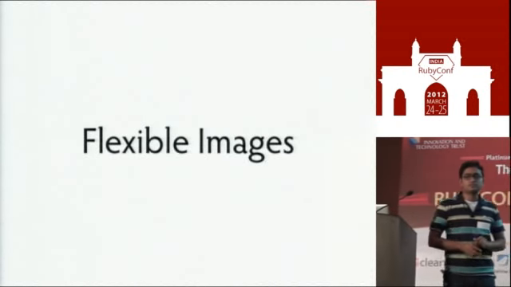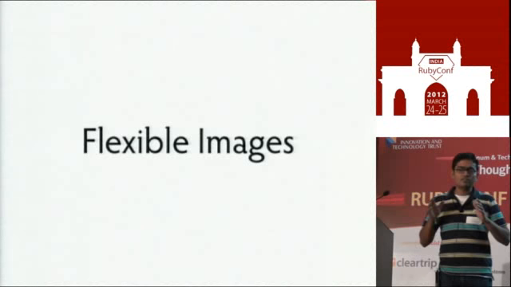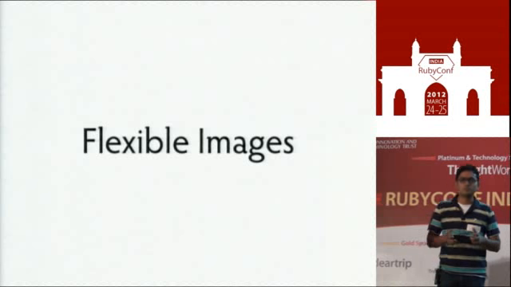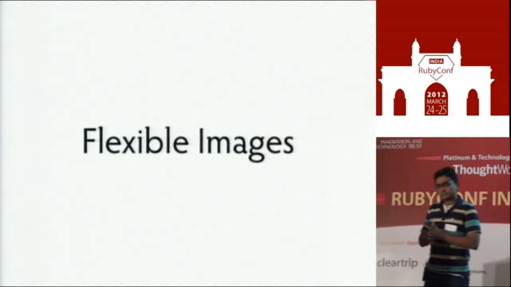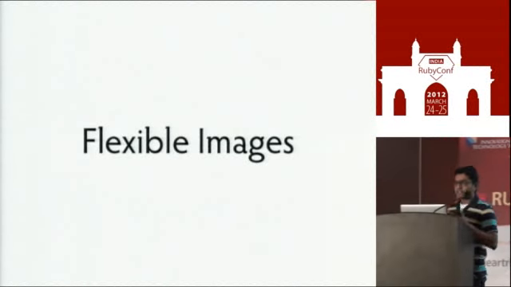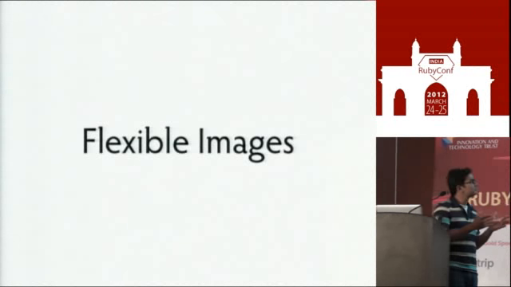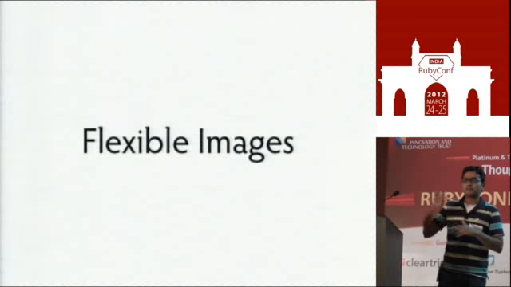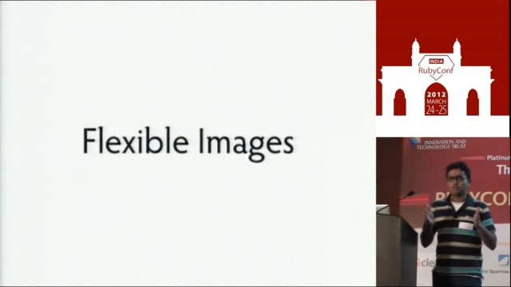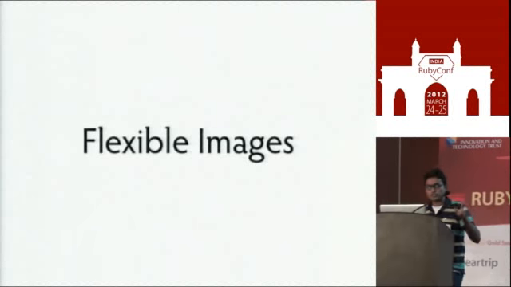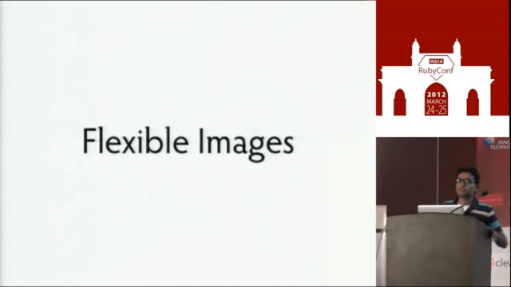Flexible images. You have a flexible layout, but if your content is not flexible, then you are in trouble. So if you have an element that becomes narrower on the page, but your image stays large, it basically jumps out of your element and breaks your layout. So how do you fix that? One solution, you set a max width on all the images.